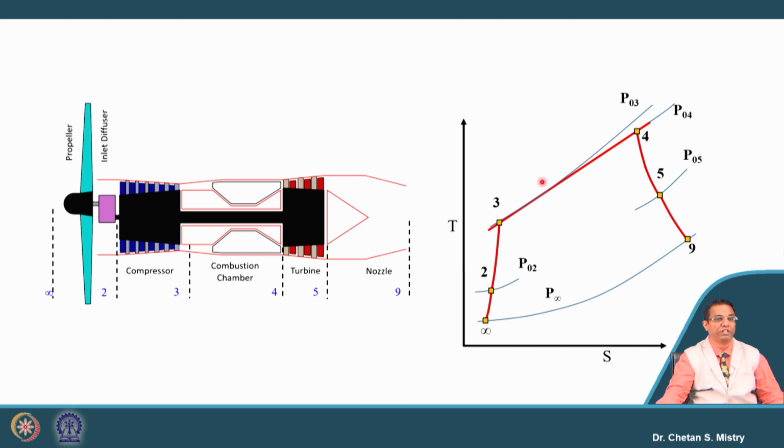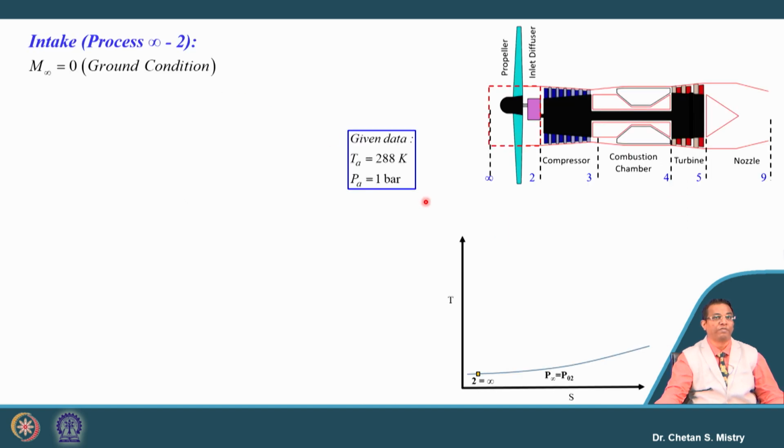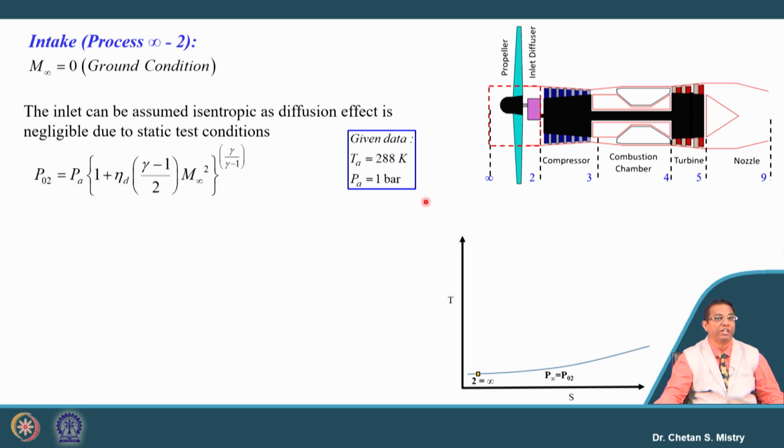Let's proceed. Always make a habit of drawing the line diagram for the engine and the TS diagram. Looking at the very first component, the intake, the entry pressure and temperature are known, and this testing condition is a ground condition, so M infinity is 0. We can calculate the exit pressure from the intake.